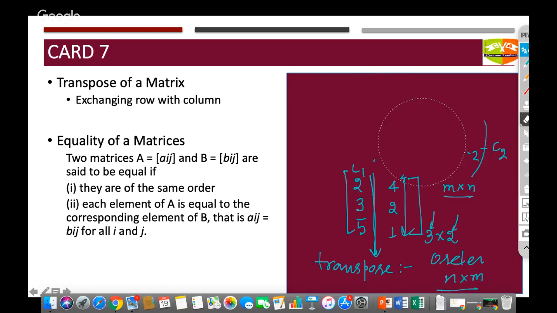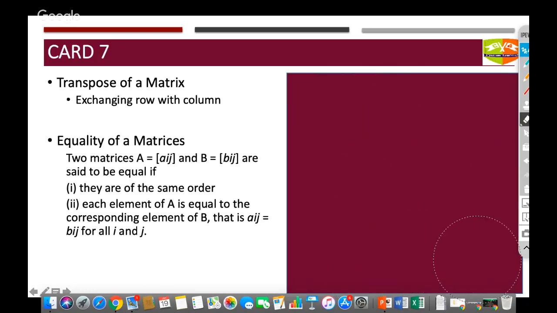Now let me go to equality of a matrix, and I have written a few conditions in the PPT itself. First of all, if two matrices are to be equal, they have to be of the same order. So I am writing a matrix A which has an order m into n, and a matrix B which has an order m into n, then only the two matrices A and B can be equal.